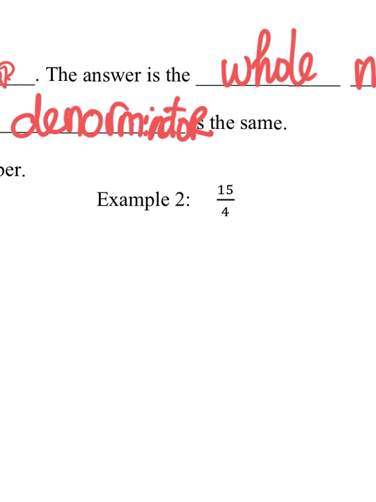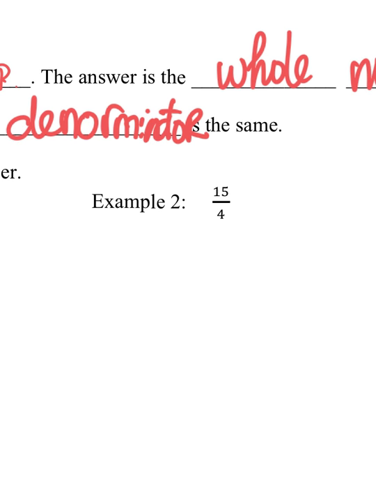Next one is number 2, 15 over 4. What do we have to do, student? Divide. Good. How many times does 4 go into 15? 3 times. 3 times 4 is 12. 15 minus 12 gives me another 3.